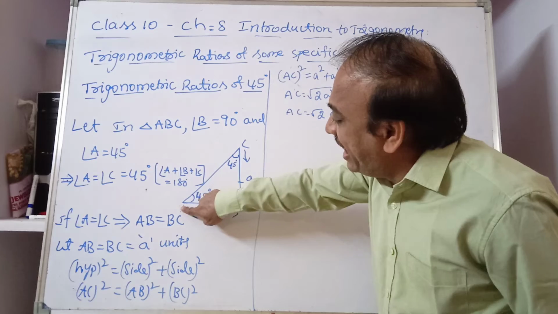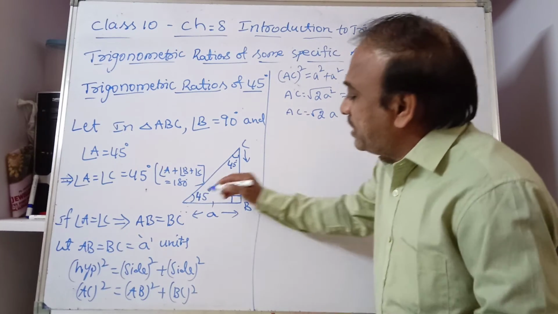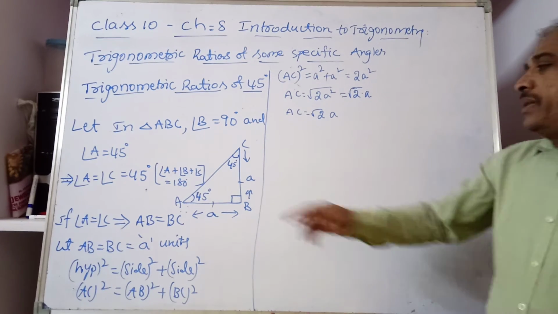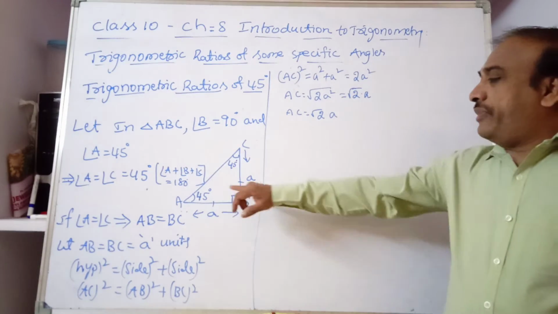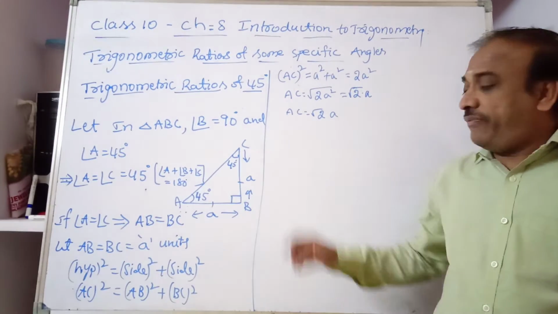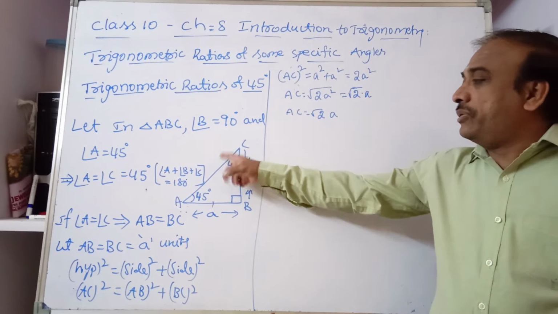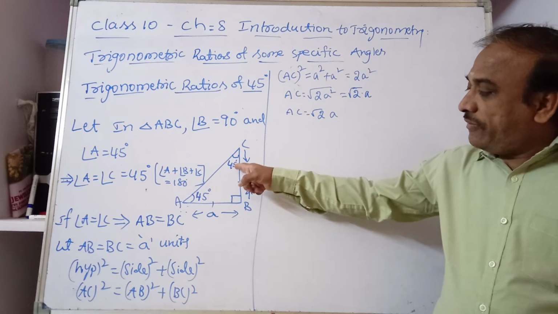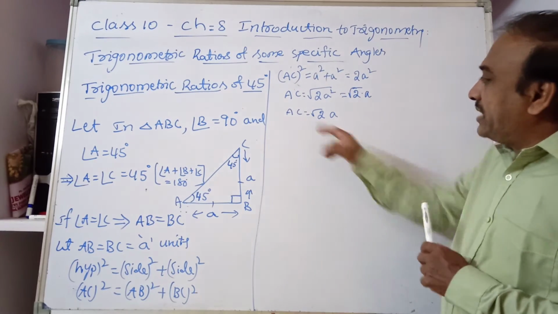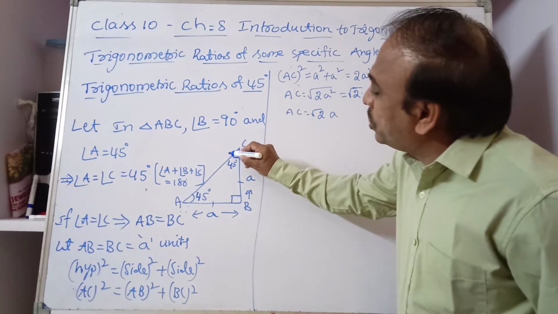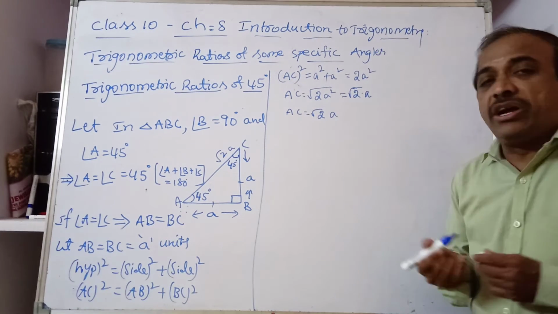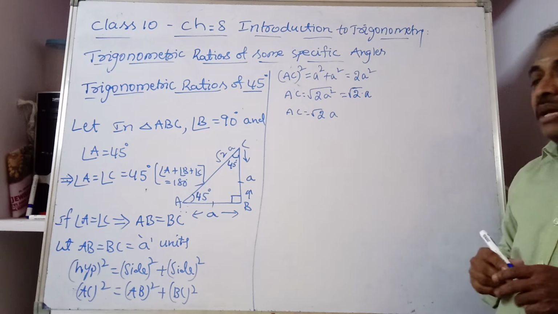With respect to A or with respect to C, if you take this as the 45 acute angle, then sine of 45 is opposite by hypotenuse. This will be opposite and this will be hypotenuse. So what is the length we got? AC is equal to root 2 times A. We got the hypotenuse as root 2 times A.